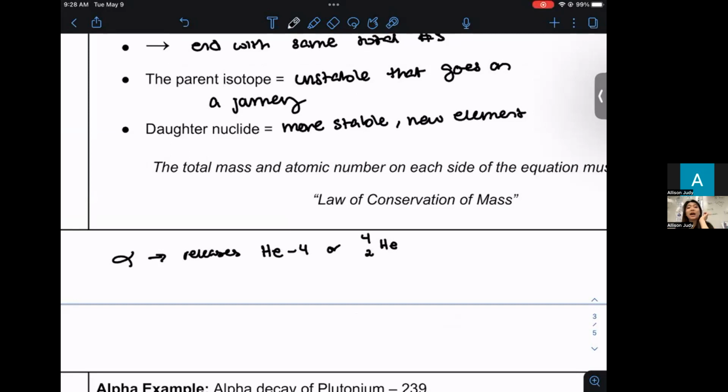Okay. I see now that I do not have my screen sharing. So it can be written in 2 ways. Helium-4, this is called isotope name notation, or it could be written as 4,2 helium. This is particularly the method that we use when doing nuclear change equations.